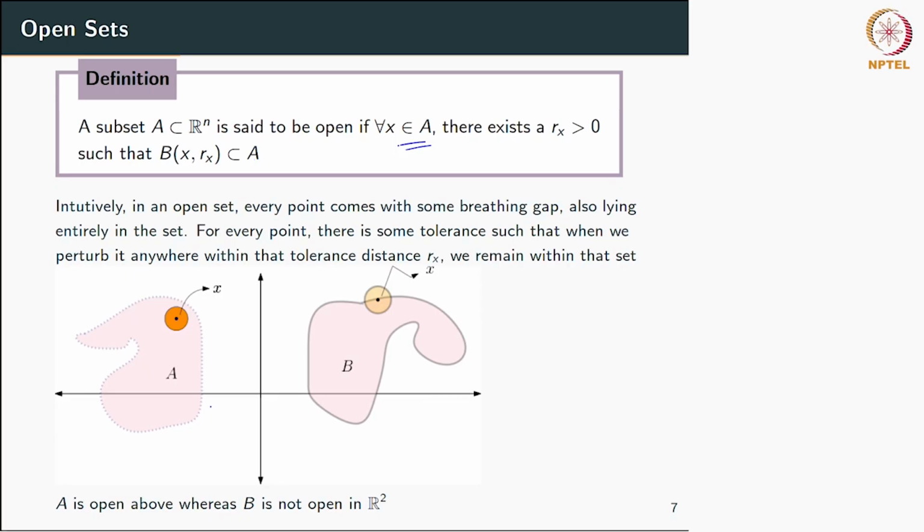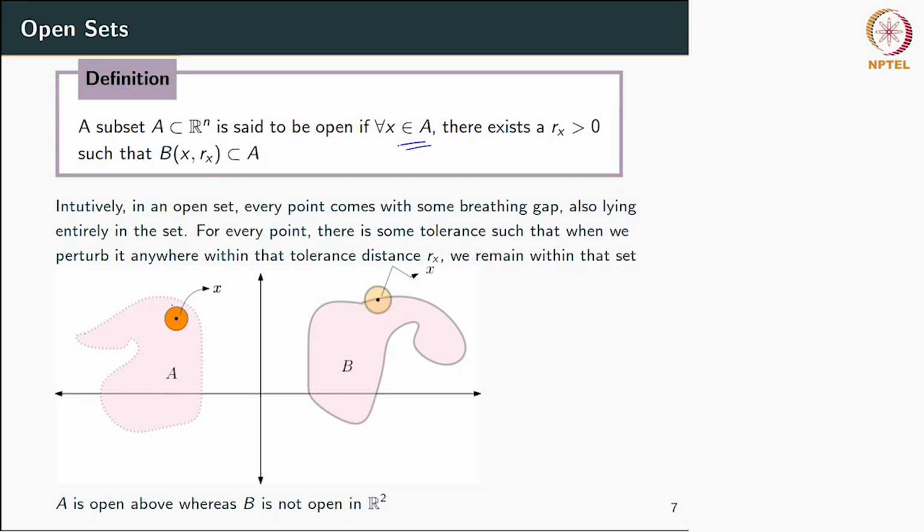Let us understand this. For example, this is the set A, and if you see this dotted line, it means the set does not include those points. So, is this set open?